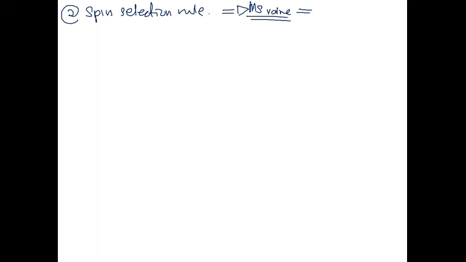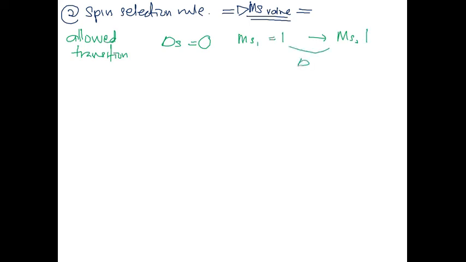So for an allowed transition in the spin selection rule, the delta S must be 0. For example, MS for the first level is 1, and for the next level, the MS is also 1. So the difference between them is 0, which means it is an allowed transition.